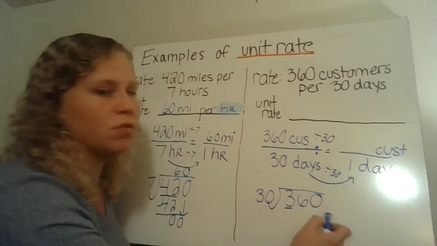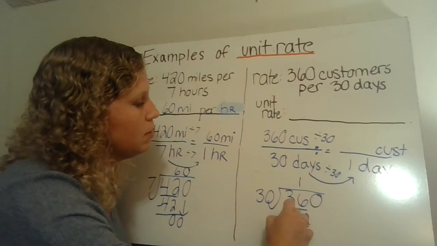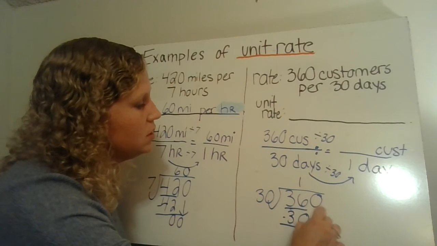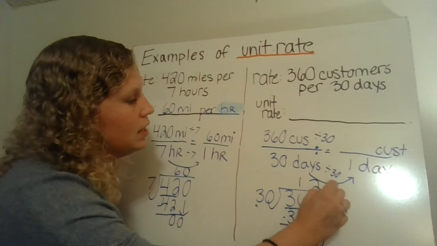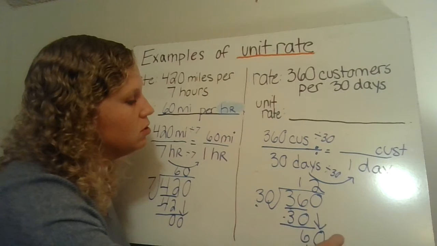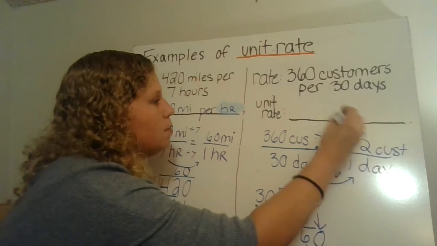30 doesn't go into 3, but it does go into 36 one time. 36 minus 30 leaves me with a remainder of 6. I bring down a 0, and I see 30 goes into 60 exactly 2 times. There's not going to be a remainder, so I can stop. That means that 12 customers came per day.